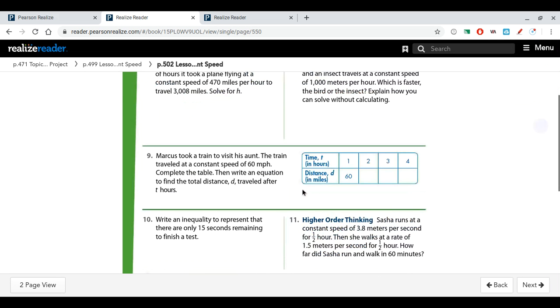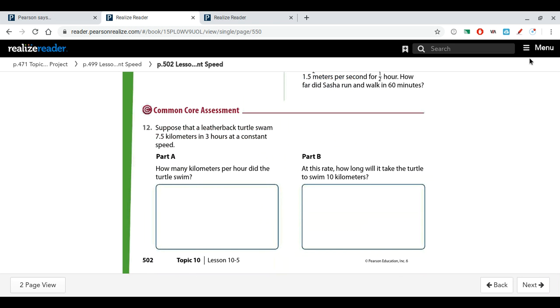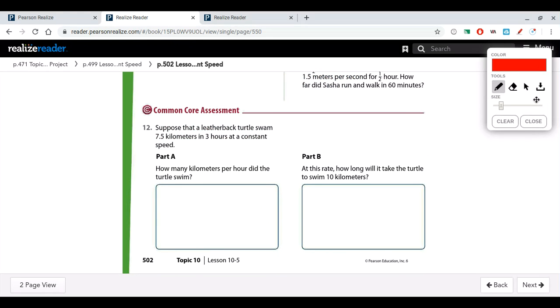And then if we move down here, I'd like for you to go ahead and do problem number 12 as your last problem there. So you're going to do 5, 6, 7, 8, and 12.